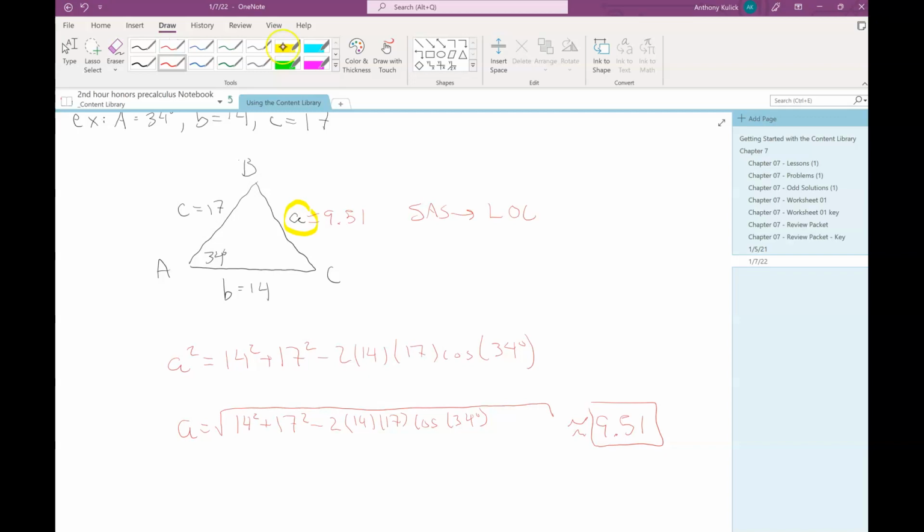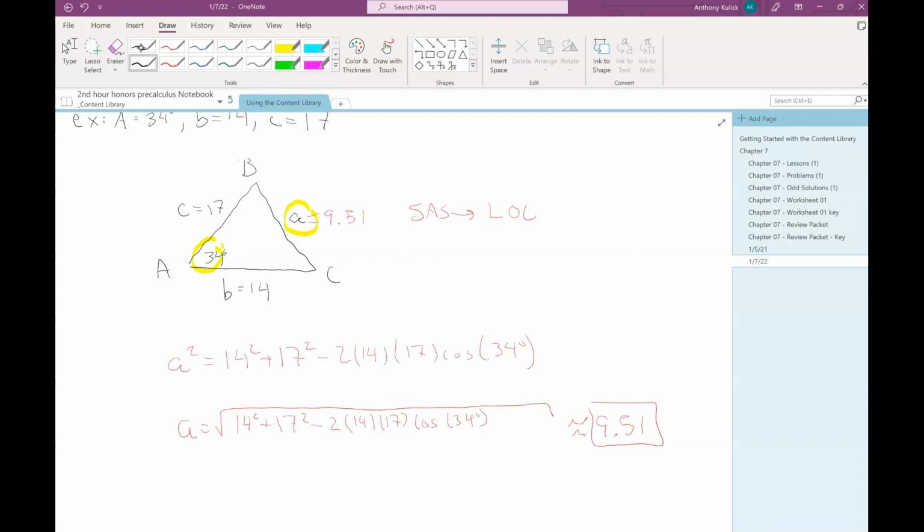And I can use the law of sines now because I have an angle and its opposite side, right? So the question becomes, does it matter whether I solve for angle B or angle C next? Well, the answer is only if you want your life to be easier, then it definitely matters.